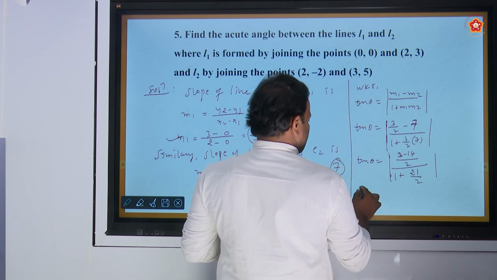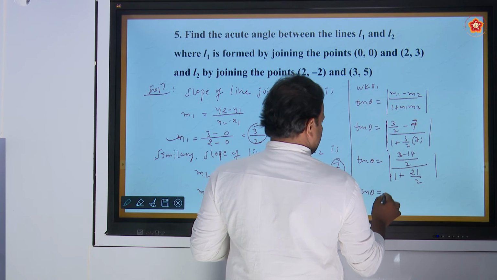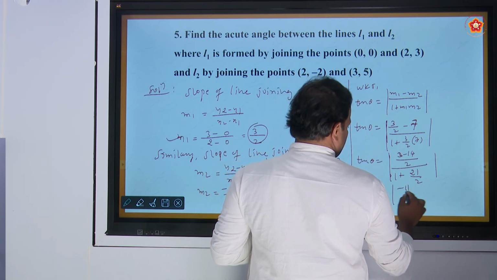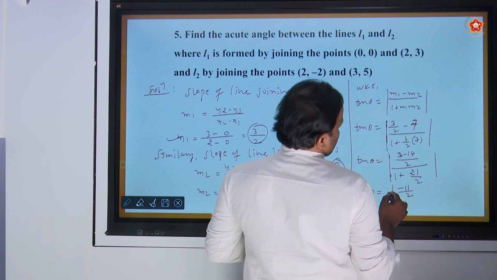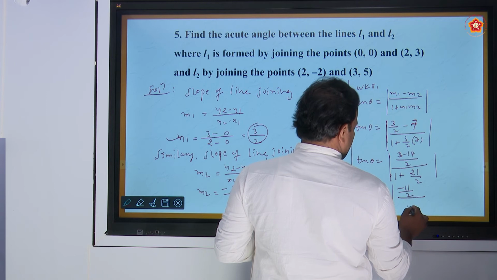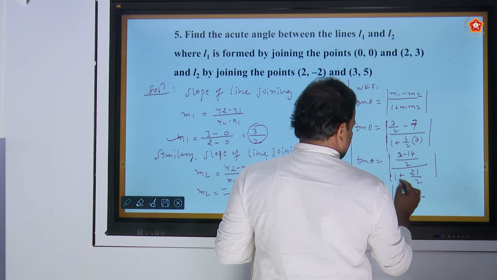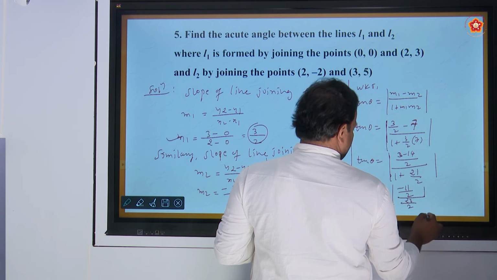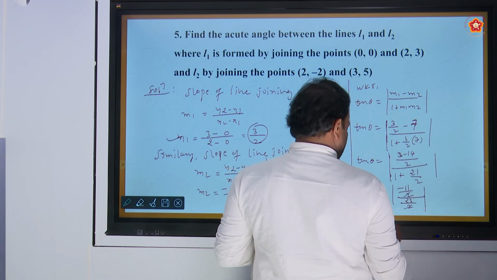So this is minus 11 by 2, divided by 2 plus 21, which is 23 by 2. The 2s get cancelled.